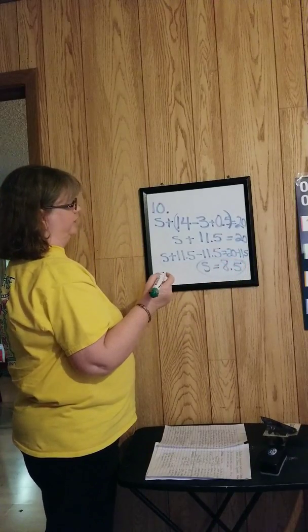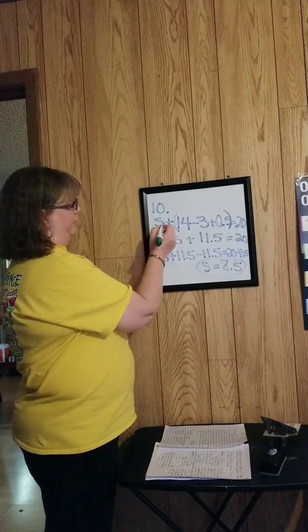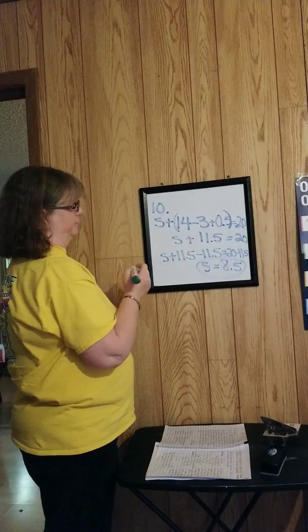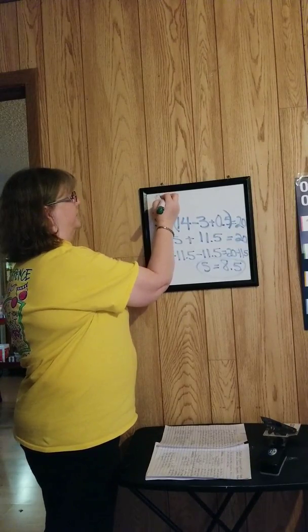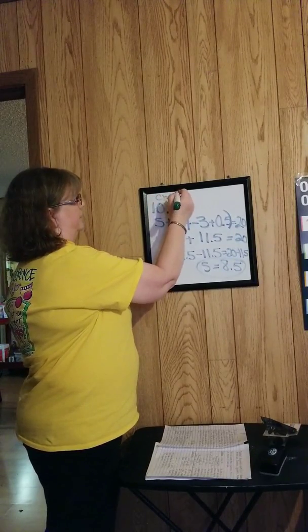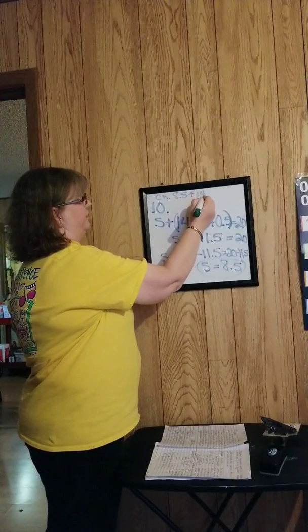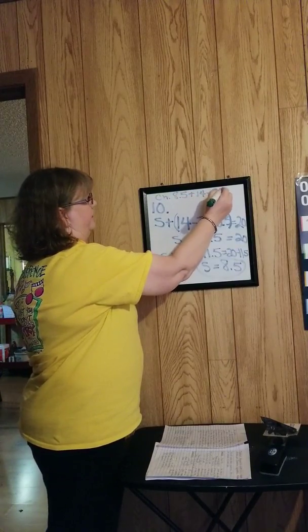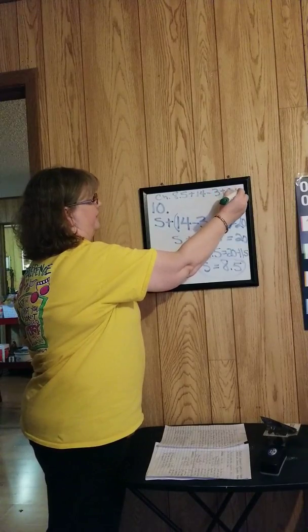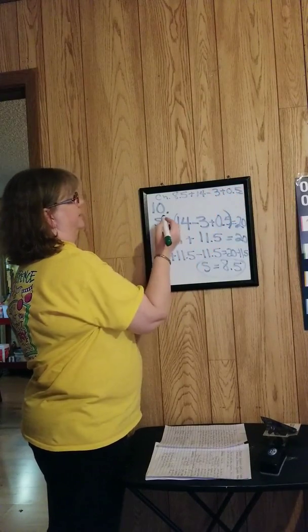Remember, we can go back and check it by putting 8.5 in this problem right here. And when we check it, 8.5 plus 14 minus 3 plus 0.5 should equal 20.